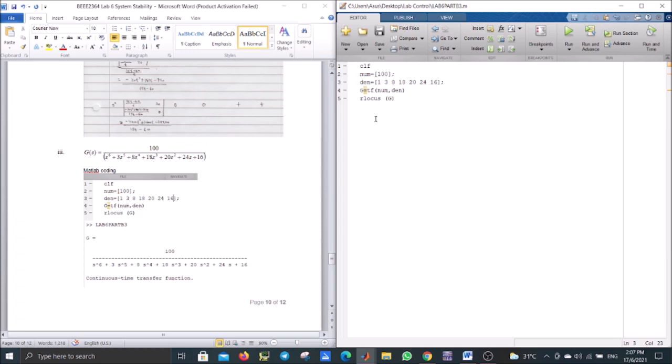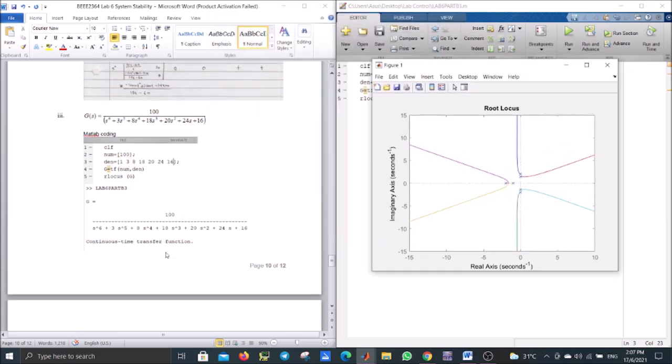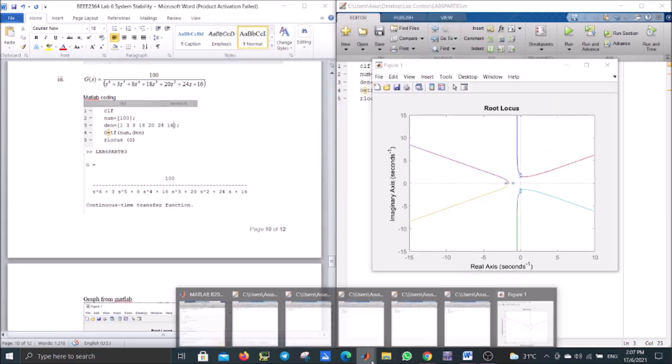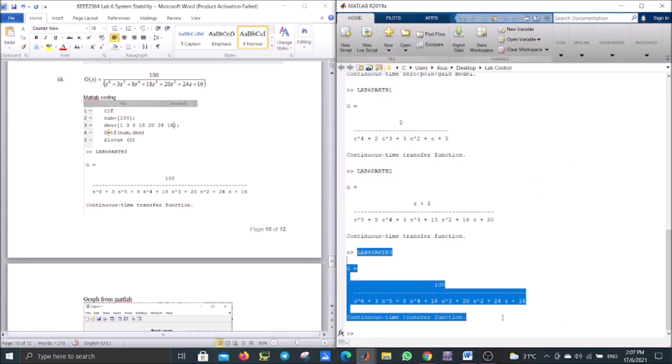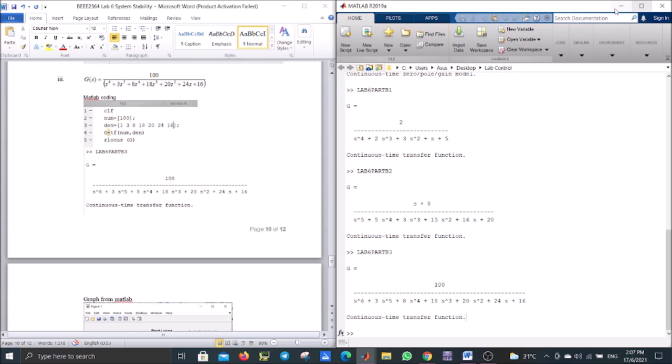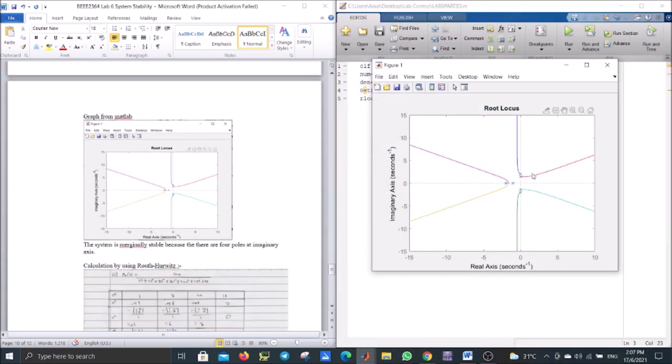Okay, and then you run the code in MATLAB, and you will get the output like this. And this is the output for part 3B. Okay, and the graph I get is like this.